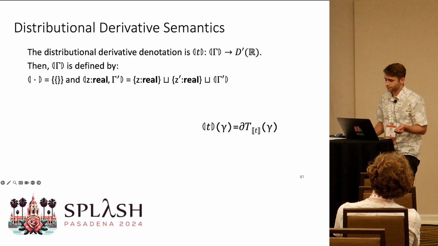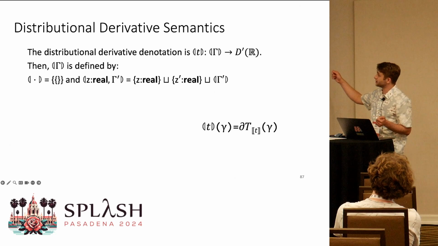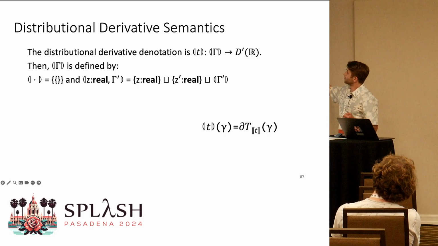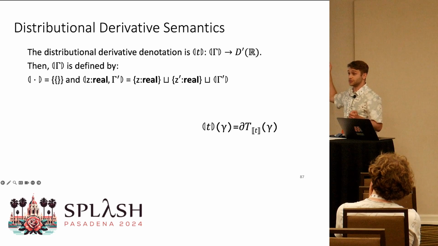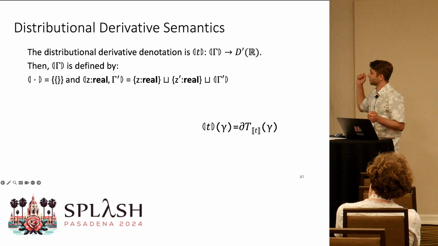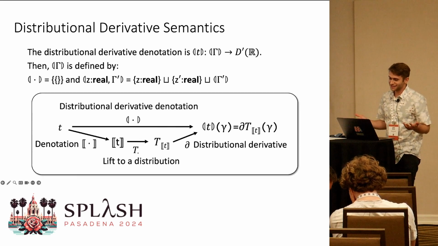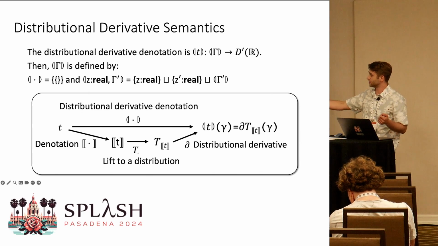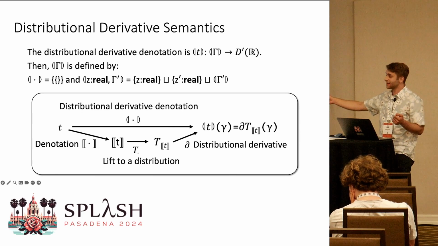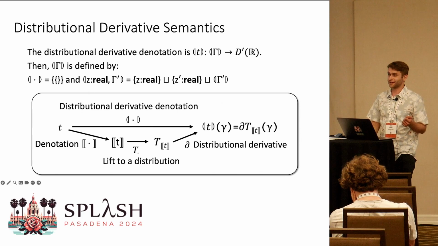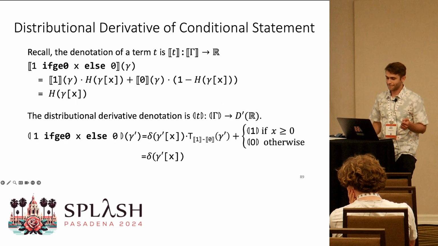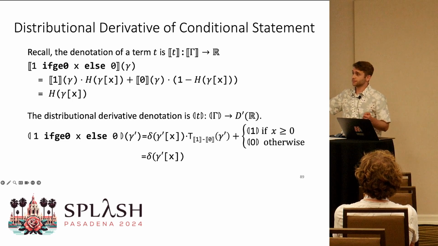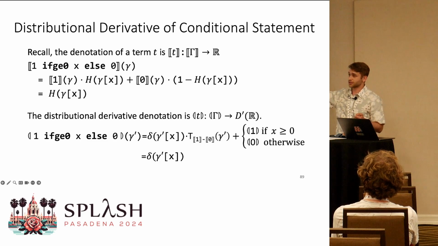And so we can also define this distributional derivative denotation that maps programs into distributions. And the main property that it satisfies is that the distributional denotation is equal to the denotation lifted to a distribution, and then the distributional derivative of that, right? OK? So we can apply the same distributional denotation to our example.